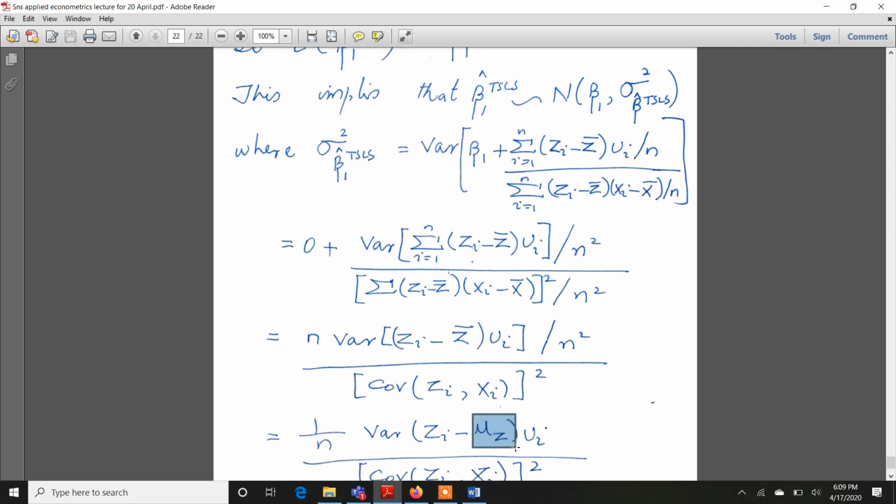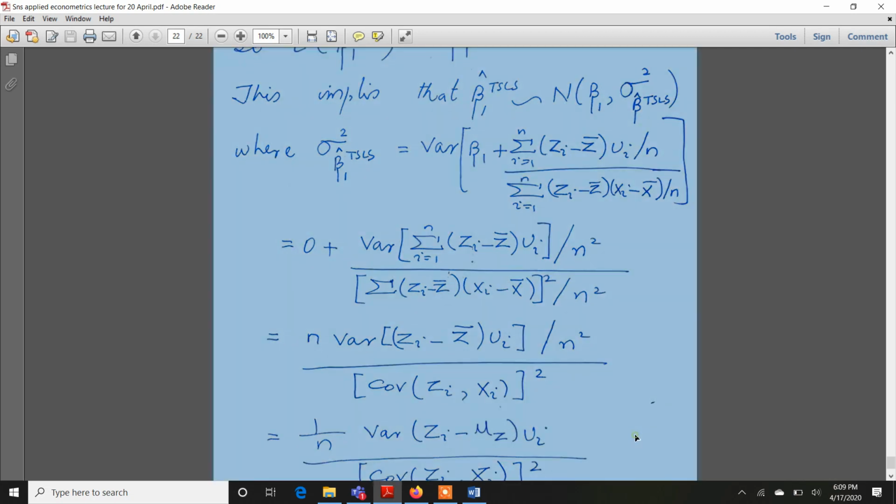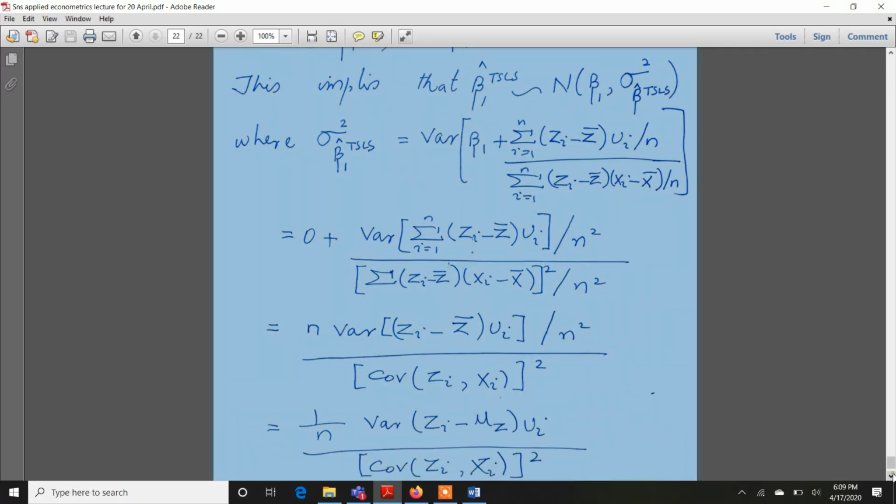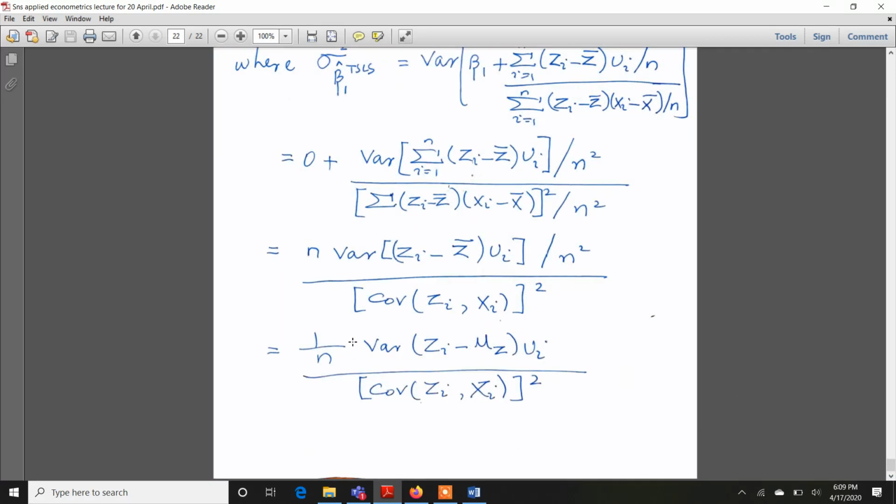Because we have just proved that in a large sample z bar converges to mu z. So we were analyzing the large sample properties, that's why I replaced z bar with mu z. So we have this formula. Okay, so this is the formula for finding the variance of beta 1 hat TSLS, right?